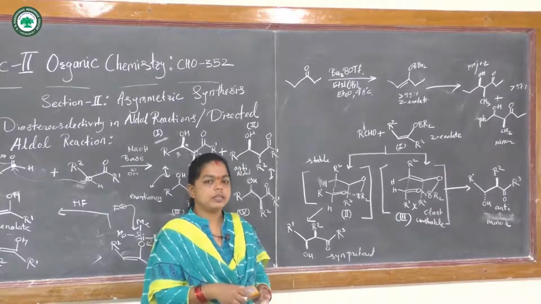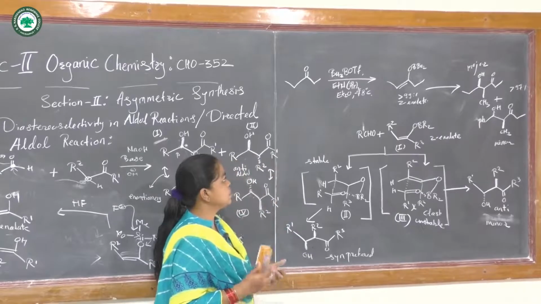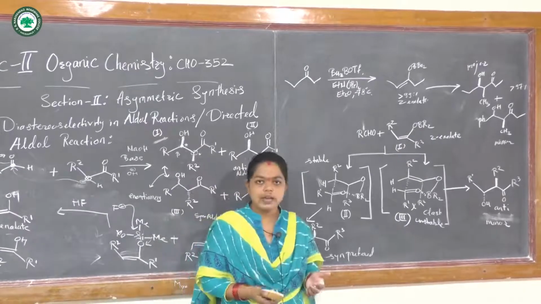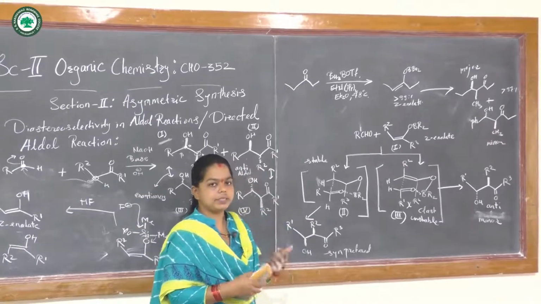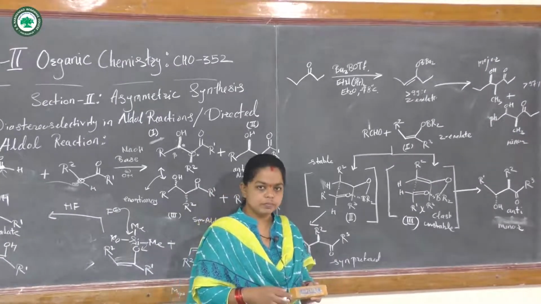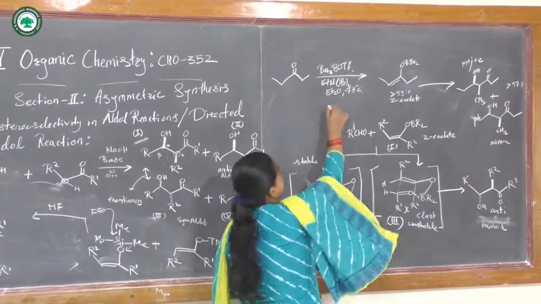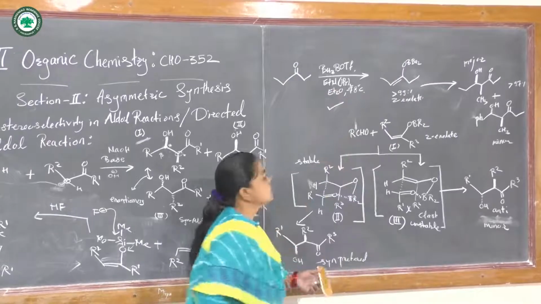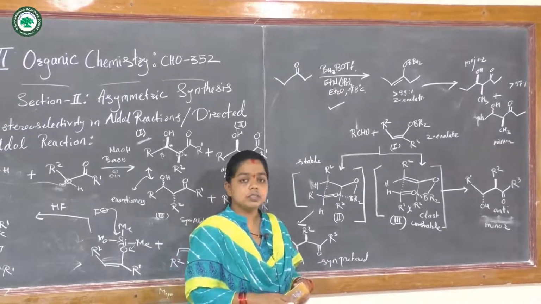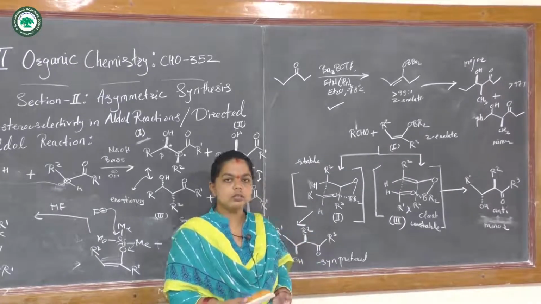So it will react with the oxygen atom. This type of compound is used in the presence of a base like diisopropylethylamine, in diethyl ether, at very low temperature, minus 78 degrees Celsius. Under these conditions, we have used the boron compound with the good leaving group.